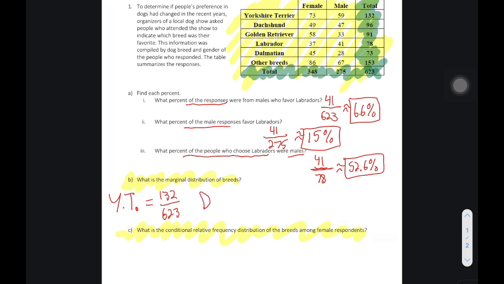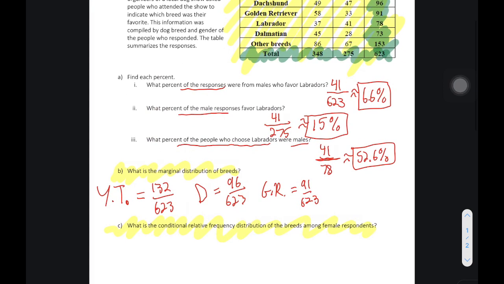The D word, which I'm going to YouTube tonight and look how to pronounce. 96 out of 623. Golden Retriever, 91 out of 623.